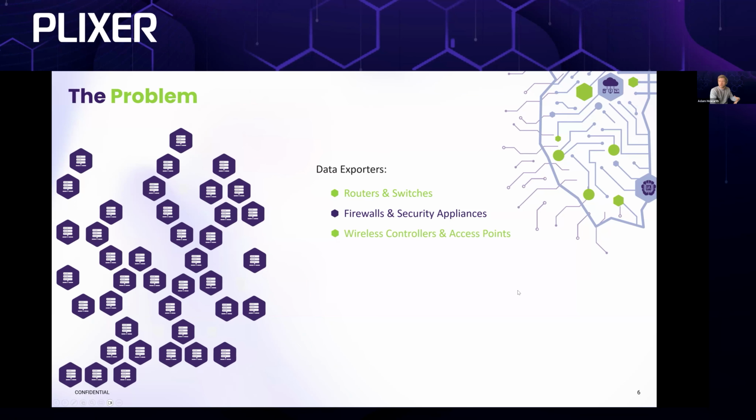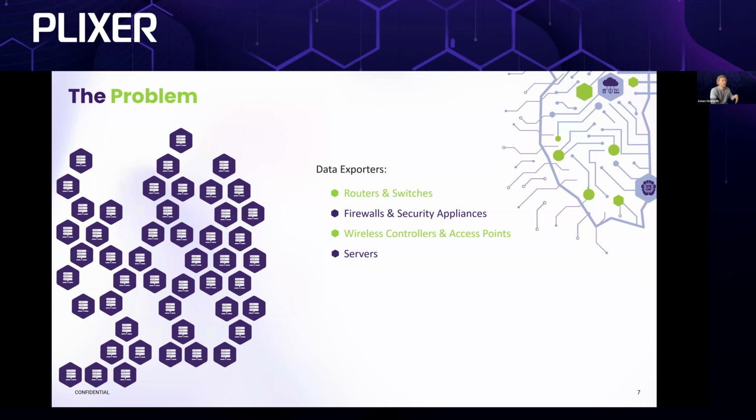Wireless controllers and access points have obviously over the last decade become a very popular place to get visibility into. And again, in many cases, depending on what your campus looks like, there might be hundreds or thousands of devices that are connected into these, again generating extremely high volumes of flow and logging records. Servers can kick this stuff out as well. It's going to be more along the line of the SNMP traps and syslog.